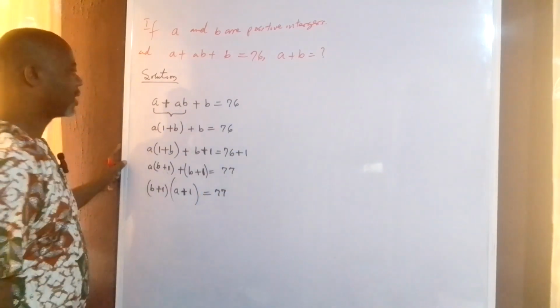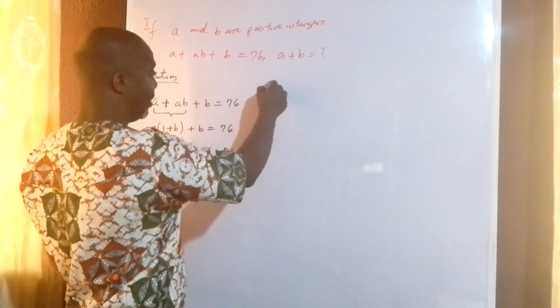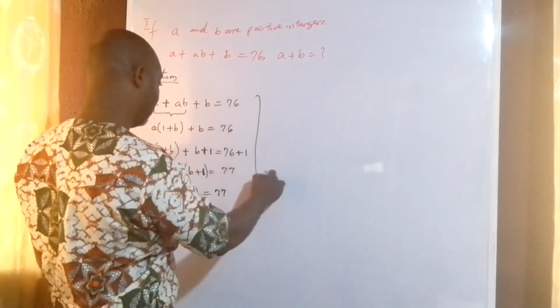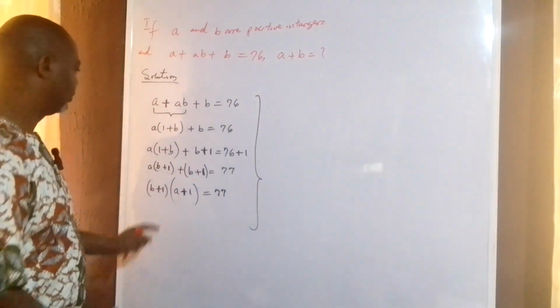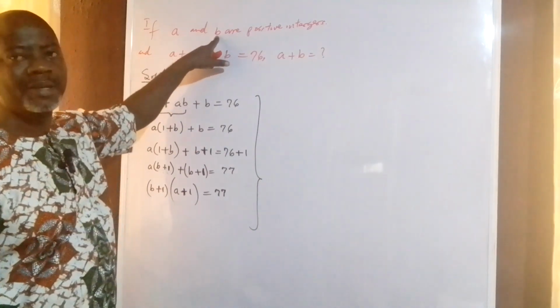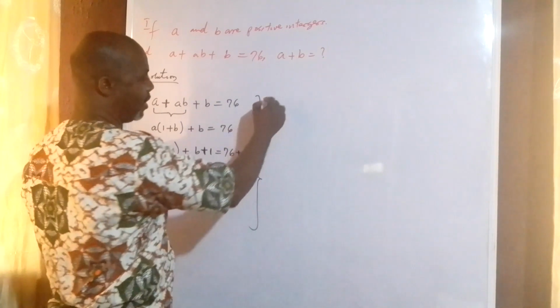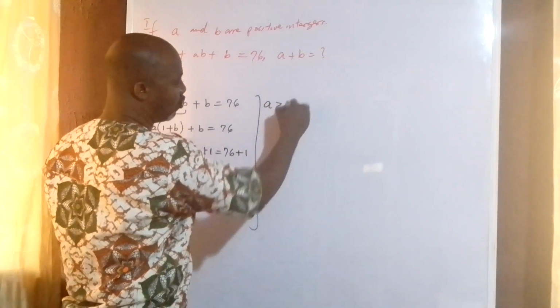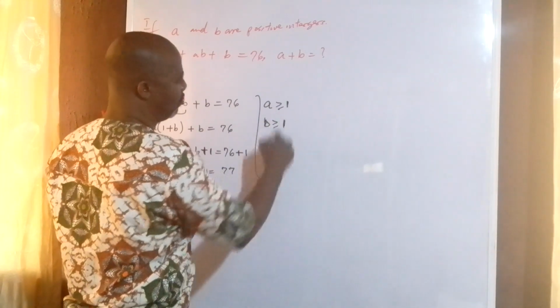Now, I want to make some very important points. We have it that a and b are positive integers, so a is greater than or equal to 1 and b is also greater than or equal to 1.